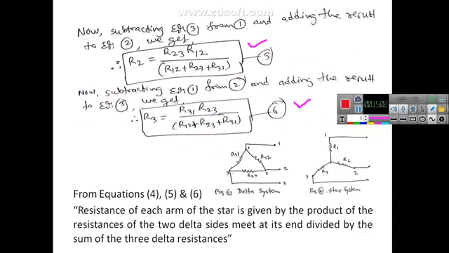R1 is nothing but, in the previous equation number 4, R1 is equal to R12 into R31 divided by R12 plus R23 plus R31.